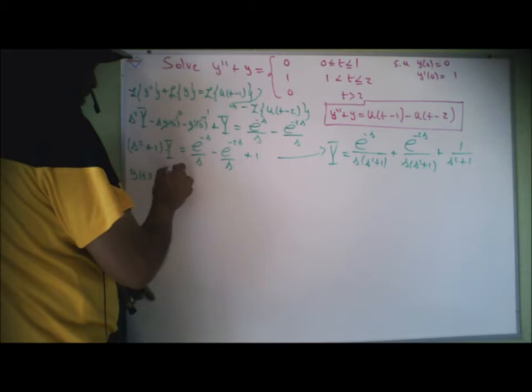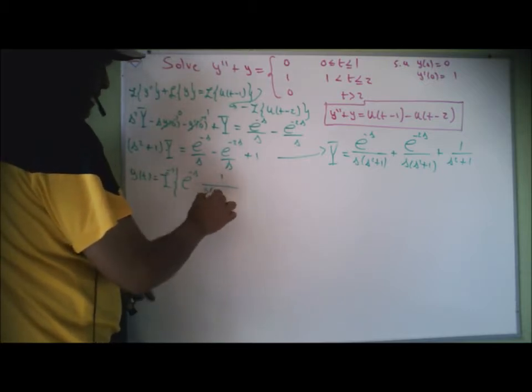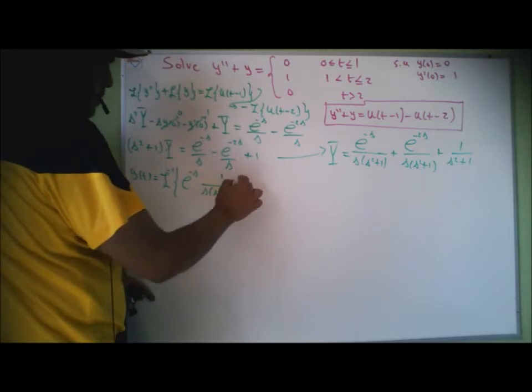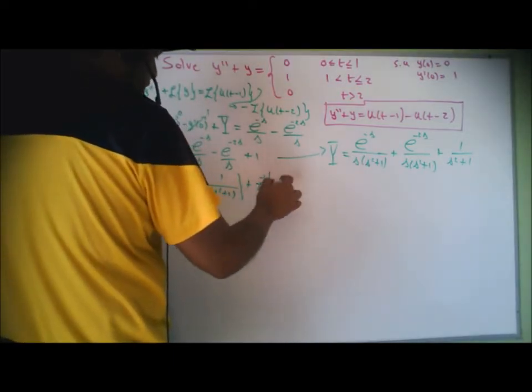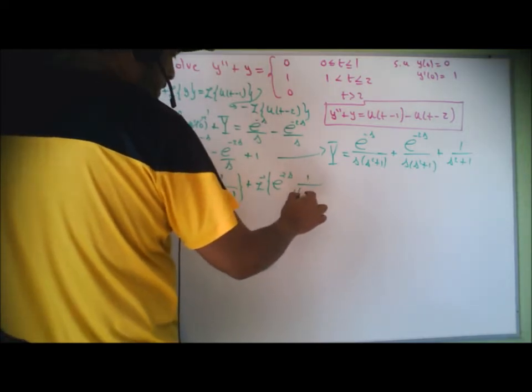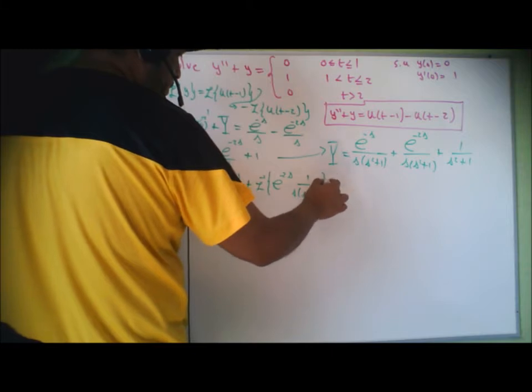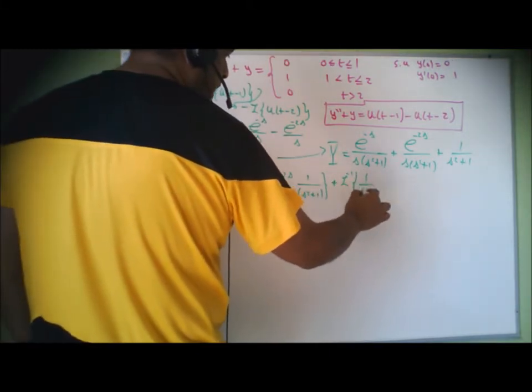It's going to be the Laplace inverse of exponential of minus s times 1 over s squared plus 1, plus the Laplace inverse of exponential of minus 2s times 1 over s squared plus 1, plus the Laplace inverse of 1 over s squared plus 1.